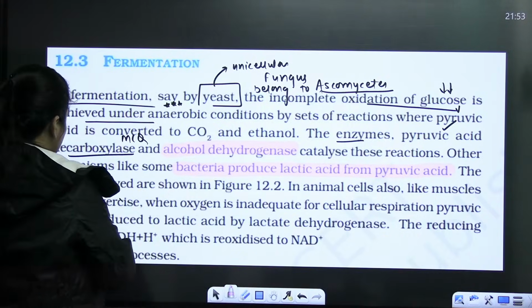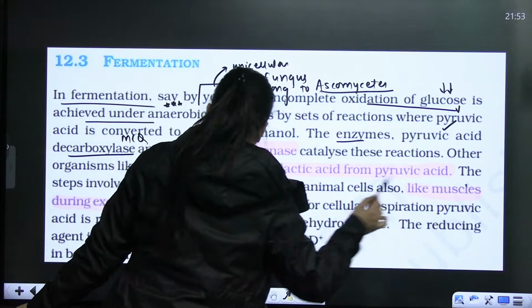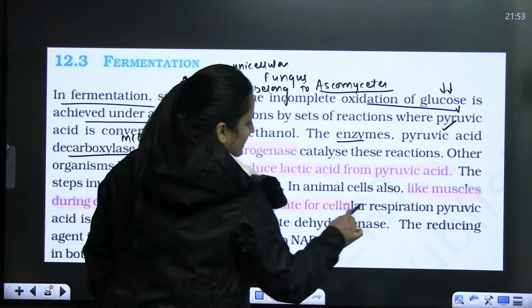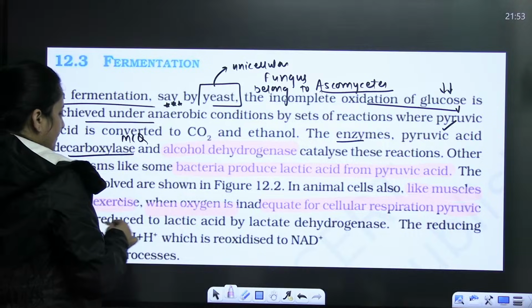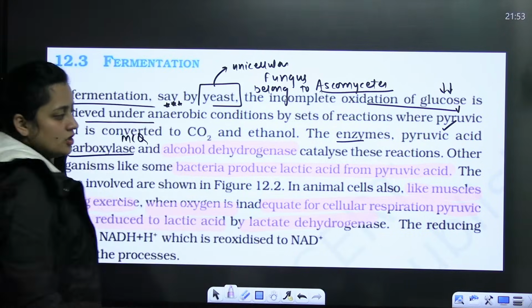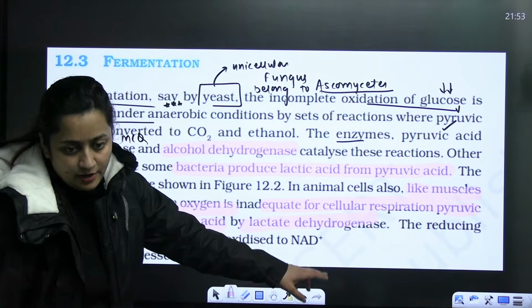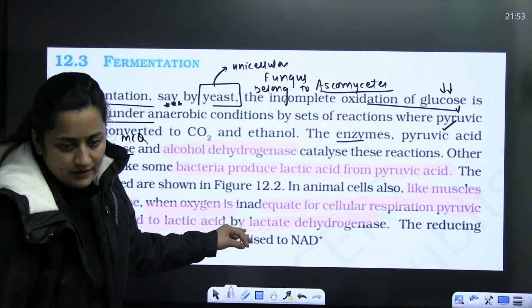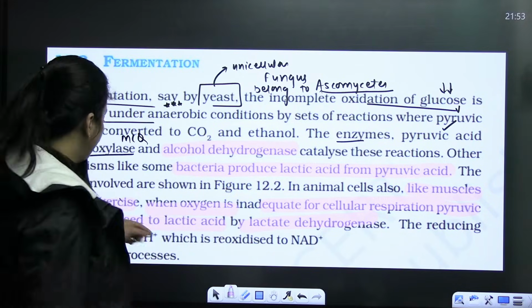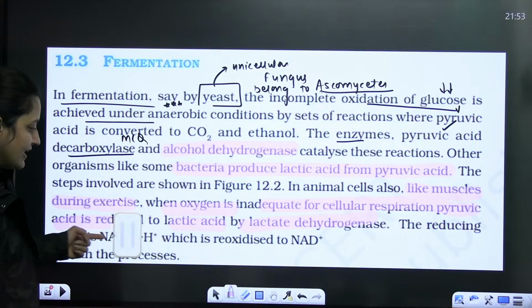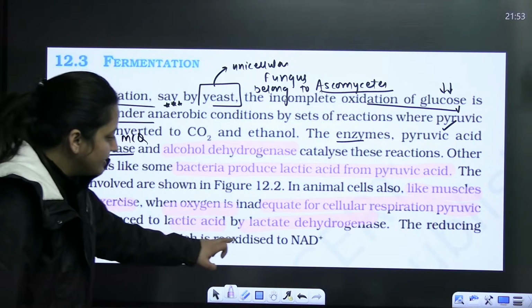In animal cells like muscles, when oxygen is inadequate for cellular respiration, pyruvic acid is reduced to lactic acid. Here the enzyme used is lactate dehydrogenase. Enzymes are very important. The reducing agent is NADH2 here, which is reoxidized to NAD.